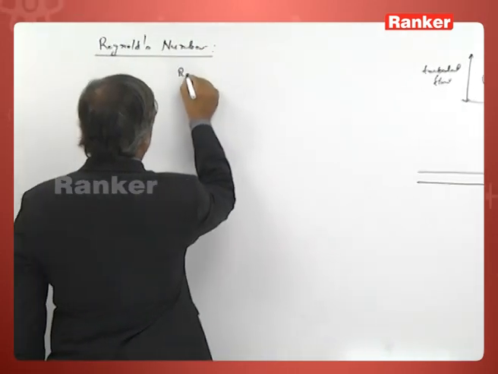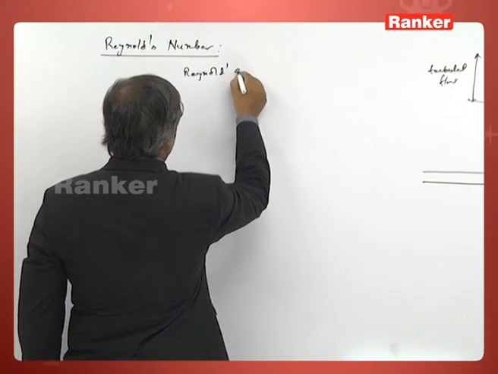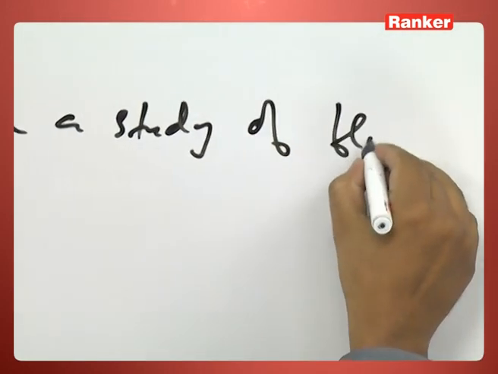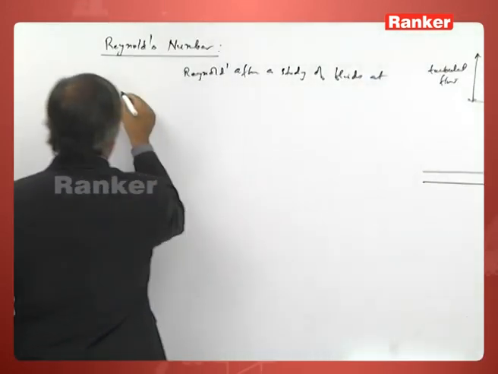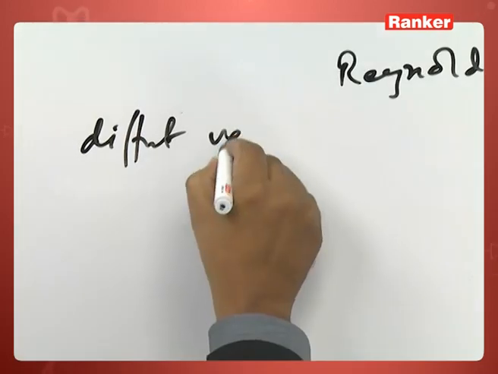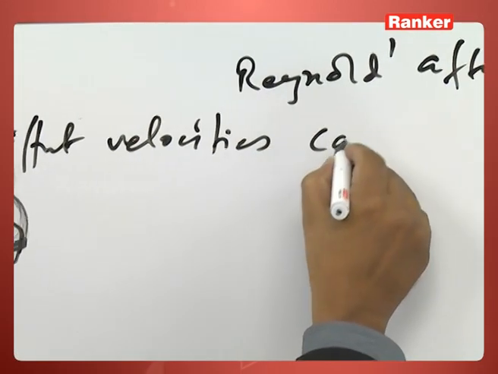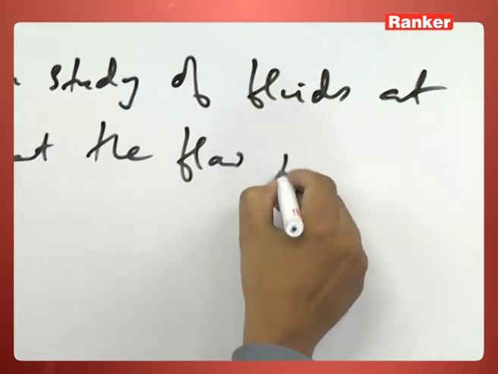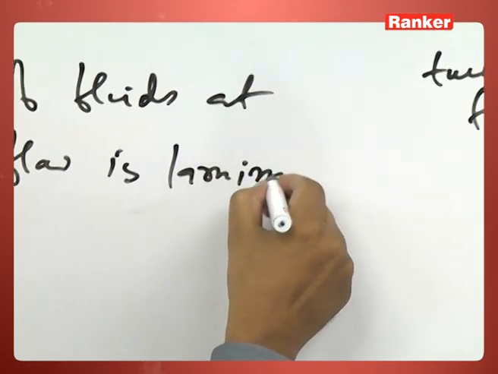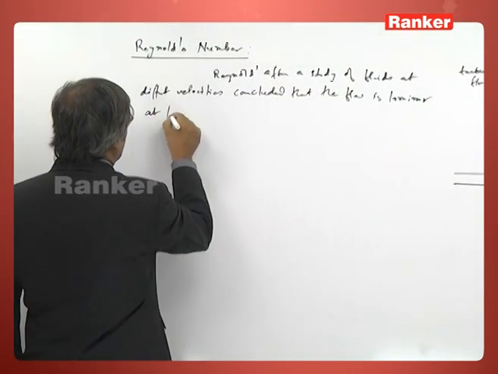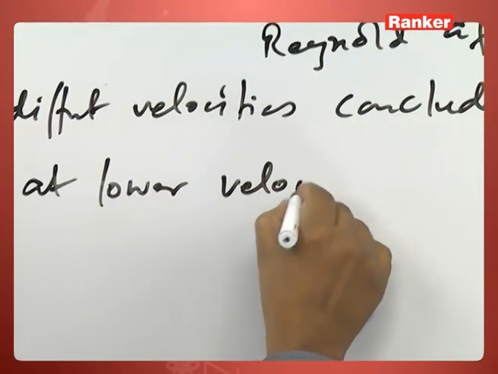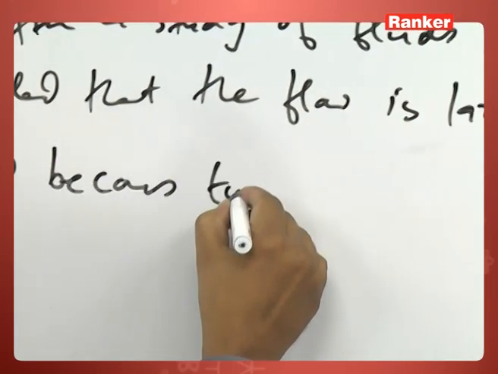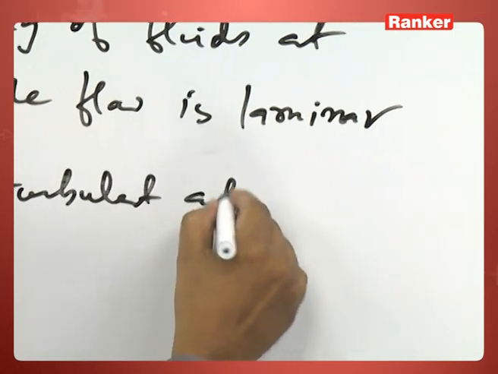So, Reynolds, after a study of fluids at different velocities, concluded that the flow is laminar at lower velocities and becomes turbulent at higher velocities.